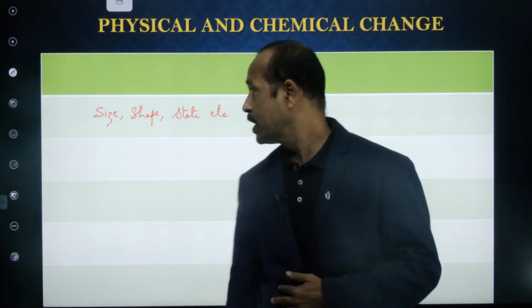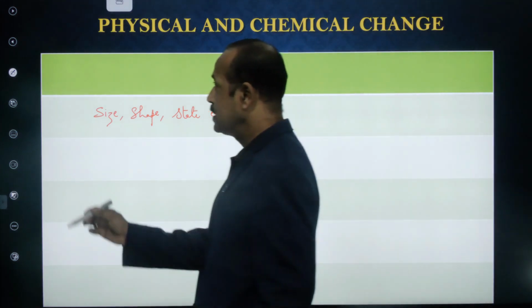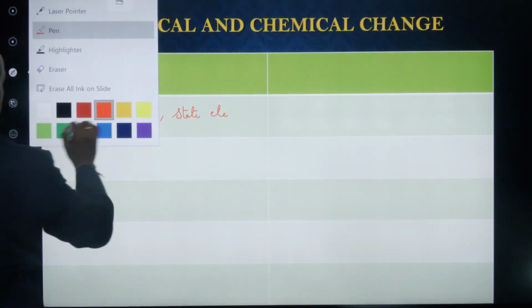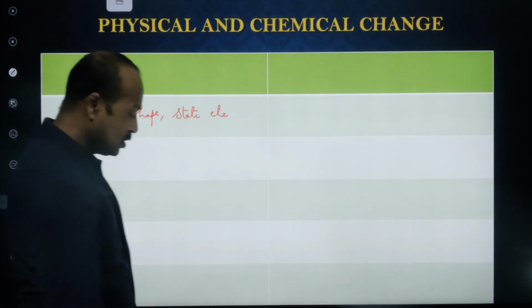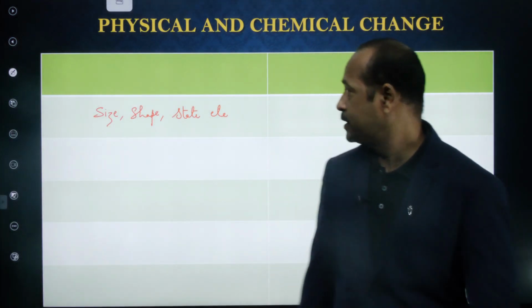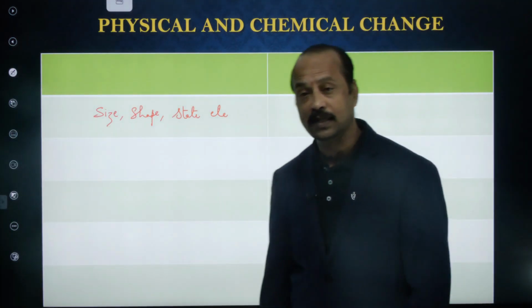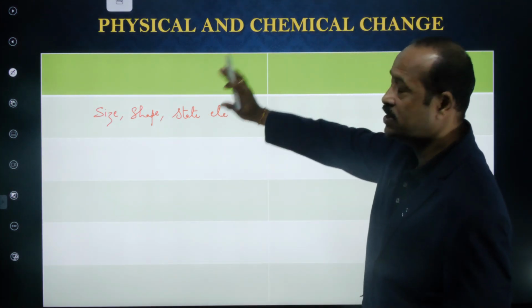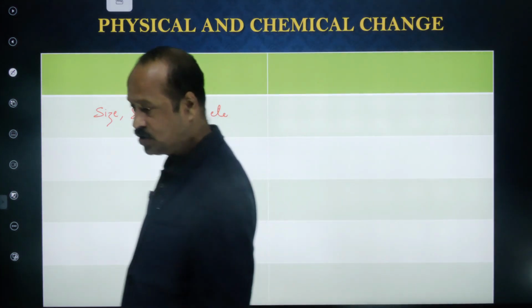If there is a change in properties like size, shape, state, then such a change is called a physical change.